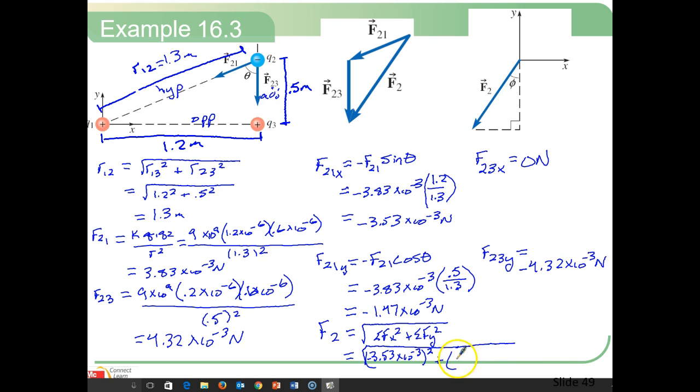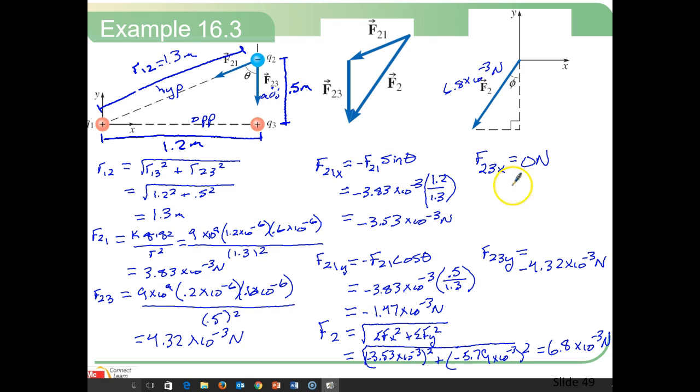When you add those two numbers together, you get negative 5.79 times 10 to the negative third, squared. If you do all that math, you should end up with a value of 6.8 times 10 to the negative third newtons. So that would be the force along this line.